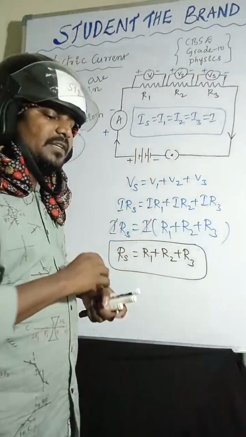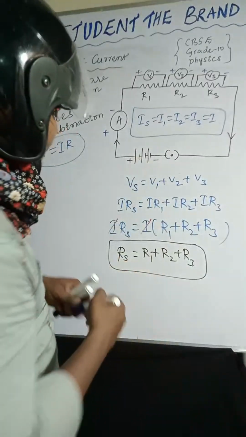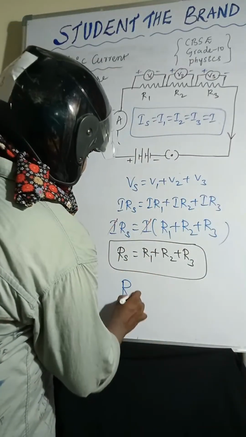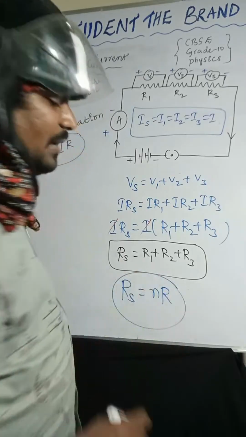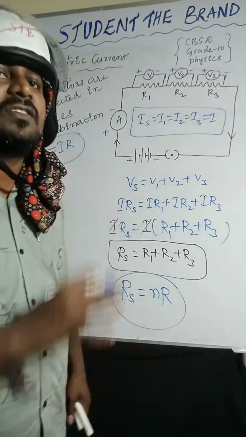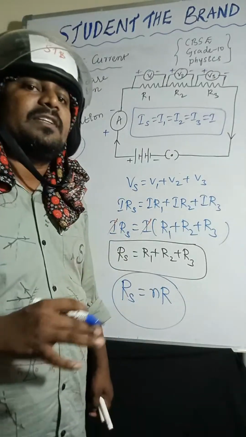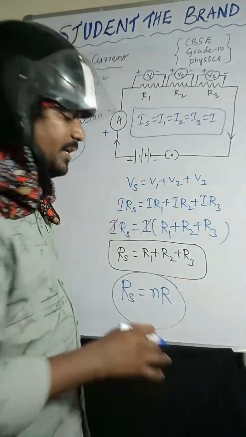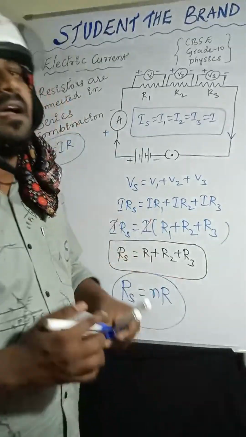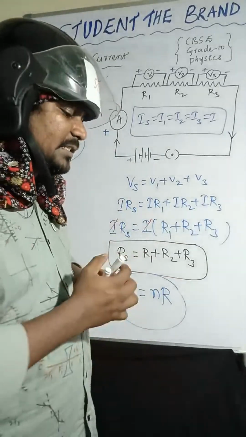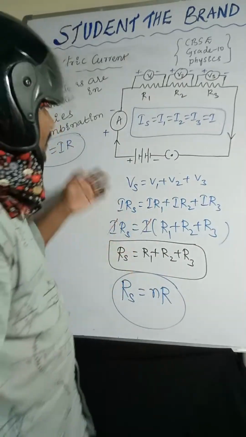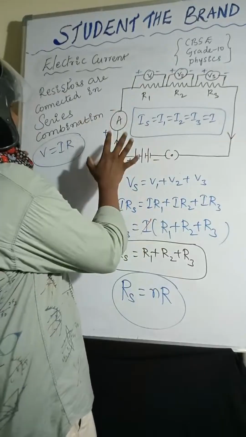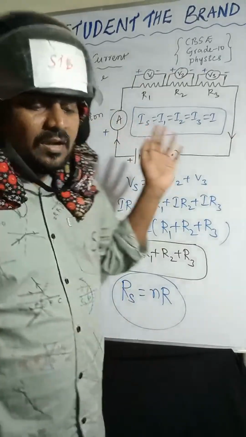If n number of resistors are connected in series combination, what is the formula? Rs equals nr. So this is about resistors connected in series combination.